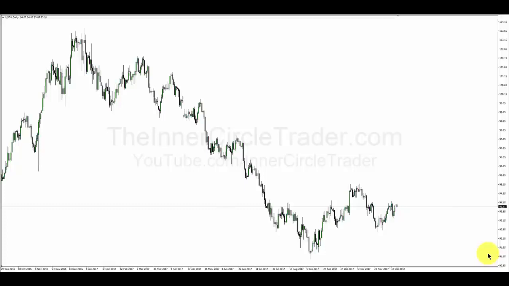So what I like to do is, number one, cycle through all the majors, and I begin with the dollar index. From the dollar daily, we can see that we have been trading lower, and ever since around August, we've been consolidating and going sideways.